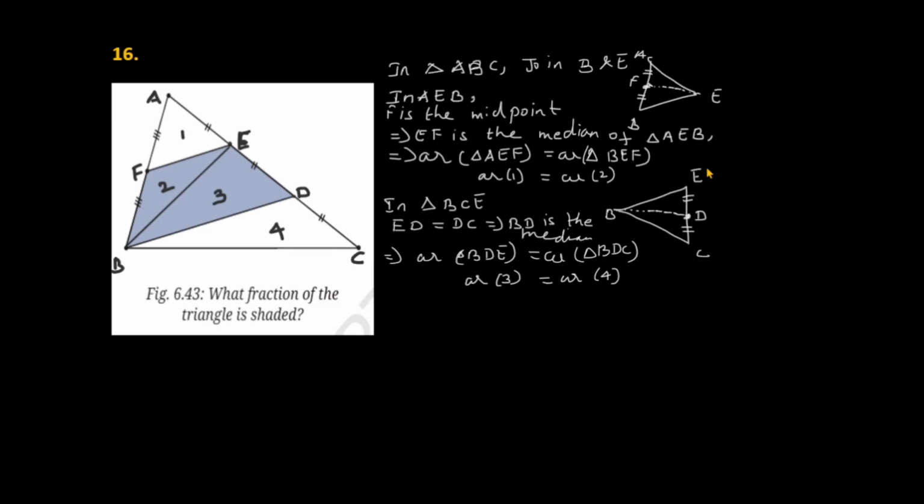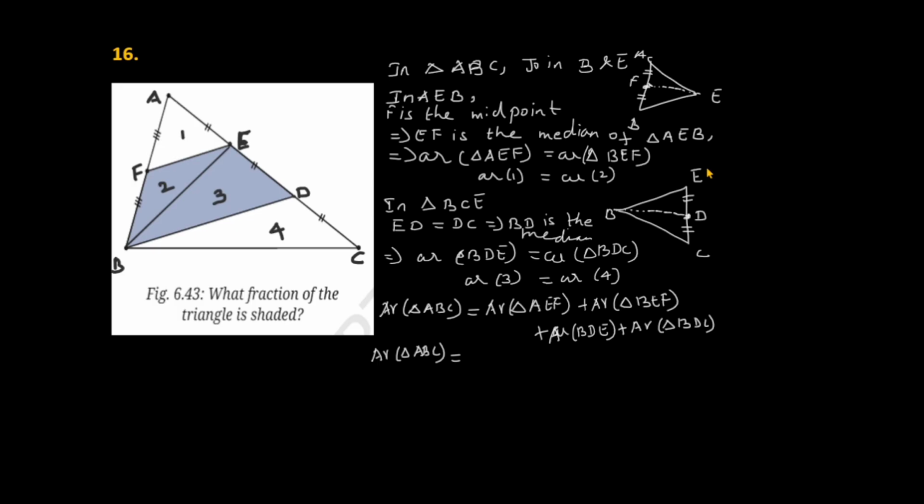Now take the full triangle. Area of triangle ABC is equal to area of triangle AEF plus area of triangle BEF plus area of triangle BDE plus area of triangle BDC. So area of triangle ABC is equal to, these two are equal, no?